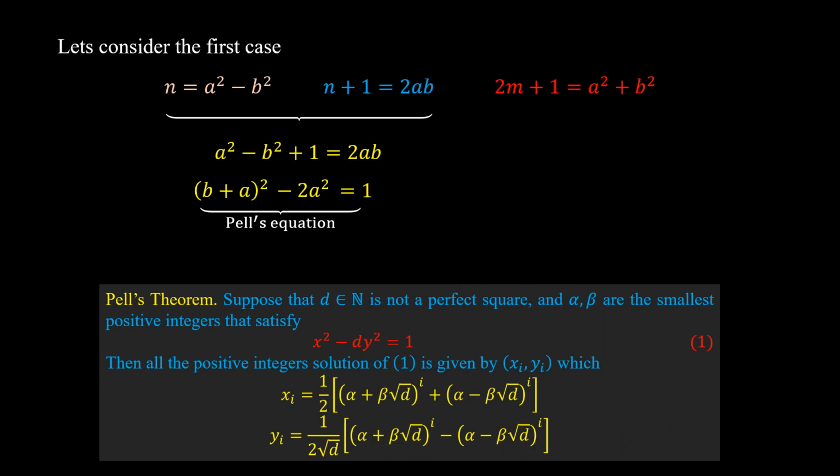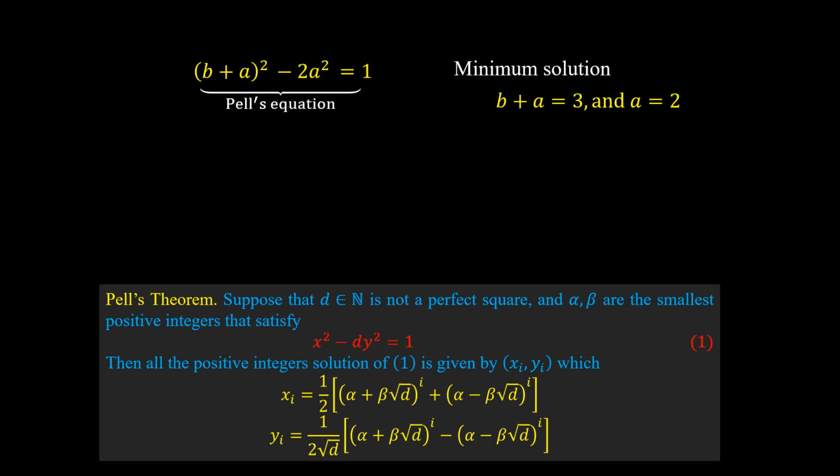The following Pell's theorem gives us the closed form of all positive integer solutions of Pell's equations as long as we can find the minimum solution of the Pell equation. In our case, we can try to put in several couples of the smallest natural numbers to get the minimum solution. The smallest one is b plus a equals 3 and a equals 2.